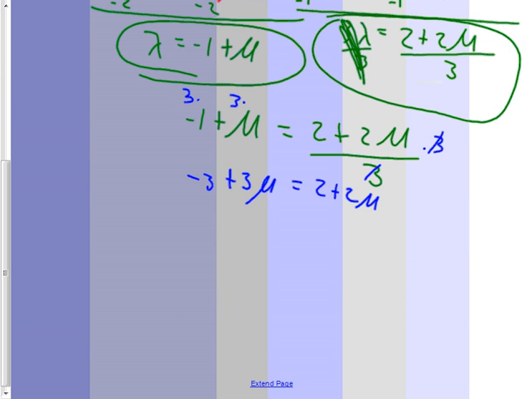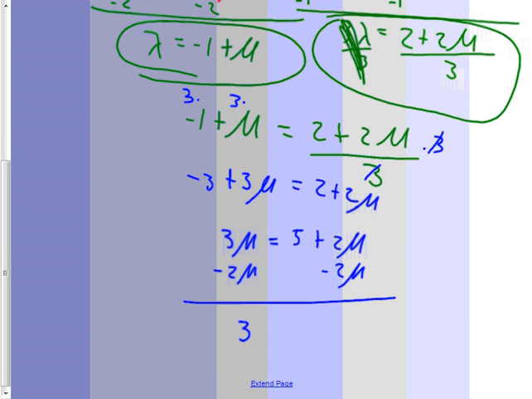Now it's getting simpler and simpler here. It's down to only mu's. And I'm going to add 3 to both sides. 3 mu equals 5 plus 2 mu. And I'm going to subtract 2 mu from both sides. 3 minus the 2 is 1 mu, just mu, equals 5.